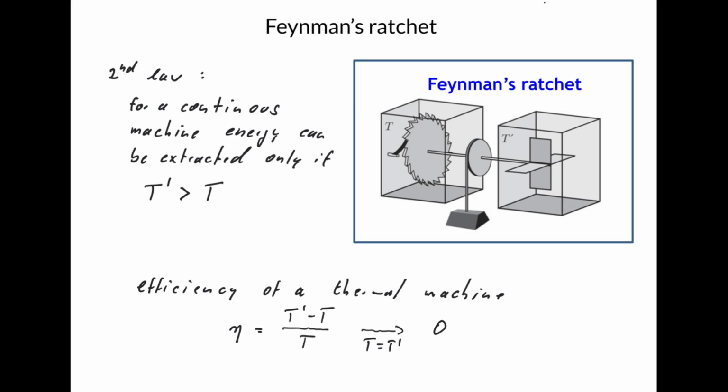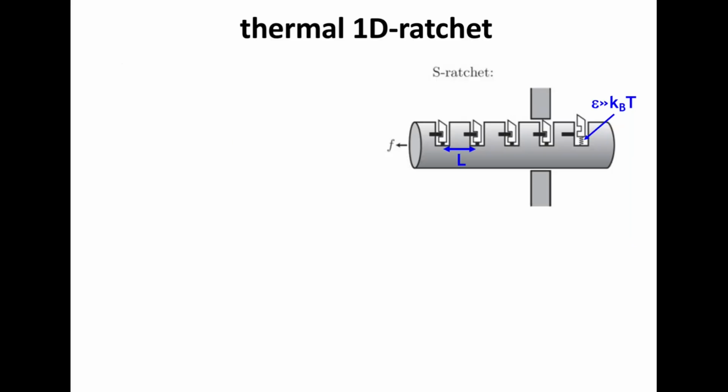So the refined model is what I display right over here. In the book it's called the S ratchet. In comparison to the Feynman ratchet, this S ratchet, or our molecular machine, is now a 1D representation.